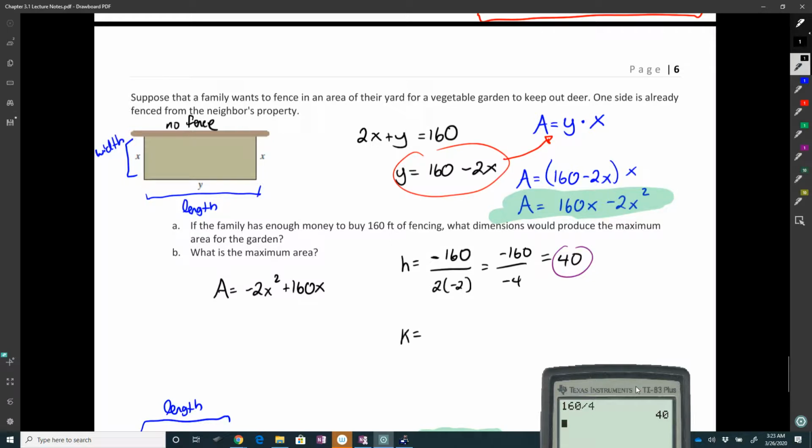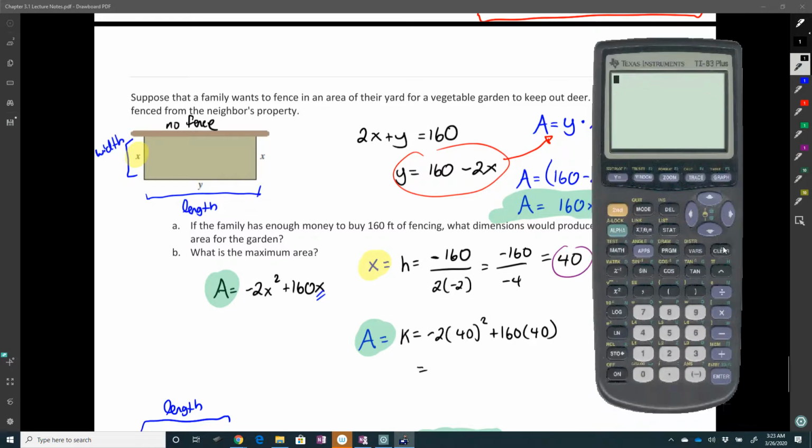And here, this h is the x value. When I say x, I mean this guy right here. Now, A is the area. It's the answer, the y value. So when I plug it in, I get negative 2 times 40 squared plus 160 times 40.